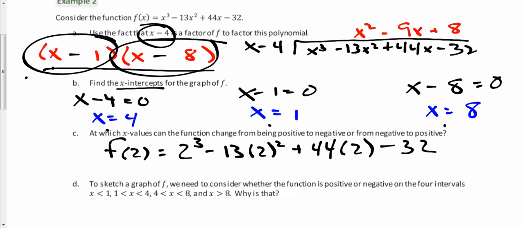What did I just do here? I put 2 in for X. Everywhere I see an X here, I'm replacing it with a 2.